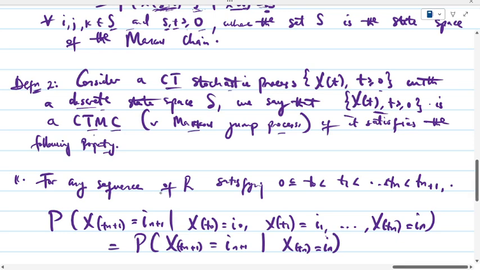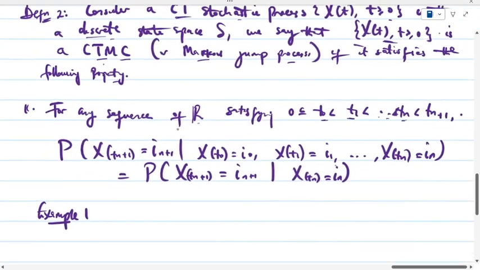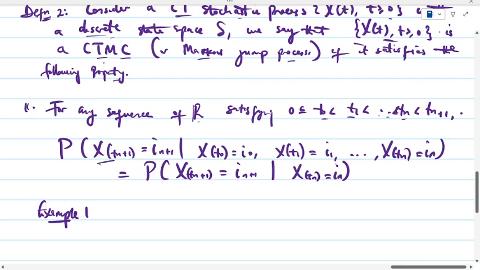For any sequence of real numbers satisfying 0 less than or equal to t0 less than t1 less than t_n less than t_(n+1), our next state is i_(n+1) given that the first state is t0 equals i0, the next state at t1 equals i1, up to our very current state t_n equals i_n.